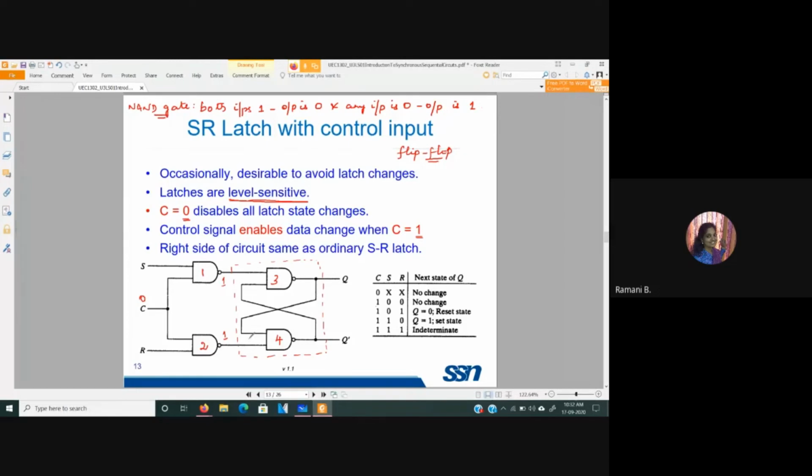This NAND gate value is going to be 1, and this particular input for the other NAND gate is also going to be 1. So in that case, whatever the value of Q and Q bar is will decide it, right?